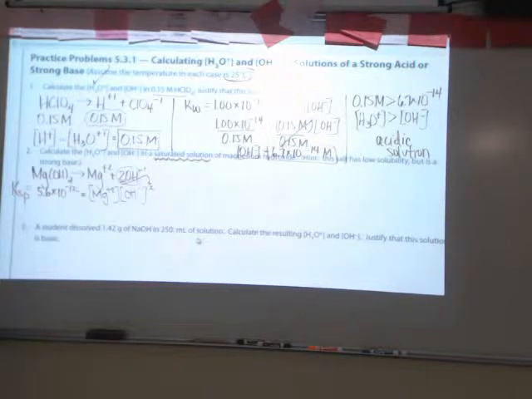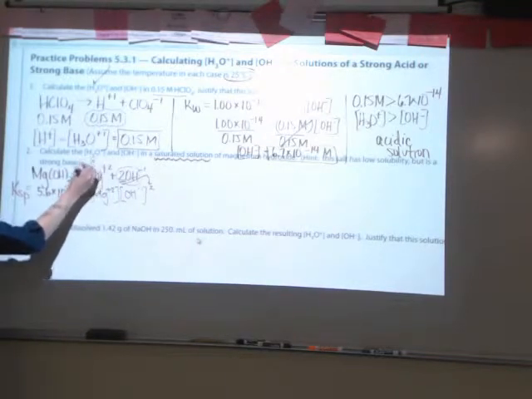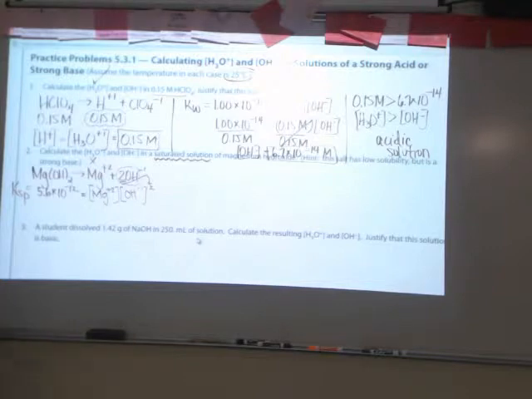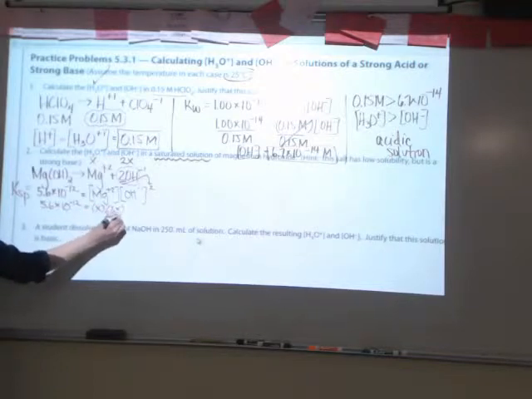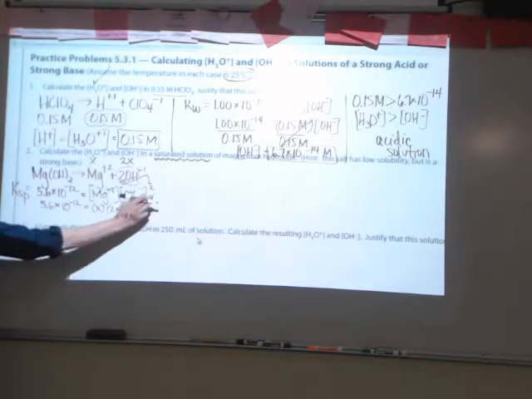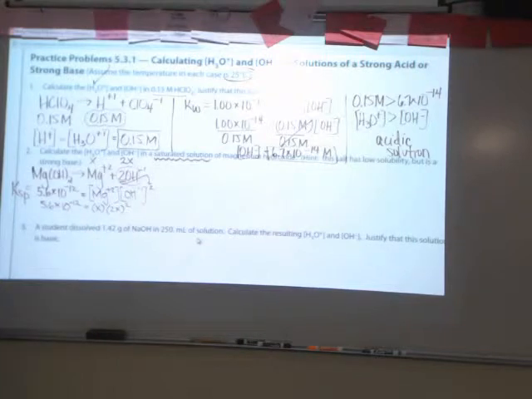I need to use variables for these ions in my equation, so I'm going to use an x for magnesium, and I'm going to use a 2x for hydroxide. So this is going to be 5.6 times 10 to the negative 12 equals x for magnesium times 2x for hydroxide, and you can't forget the squared that you had there.